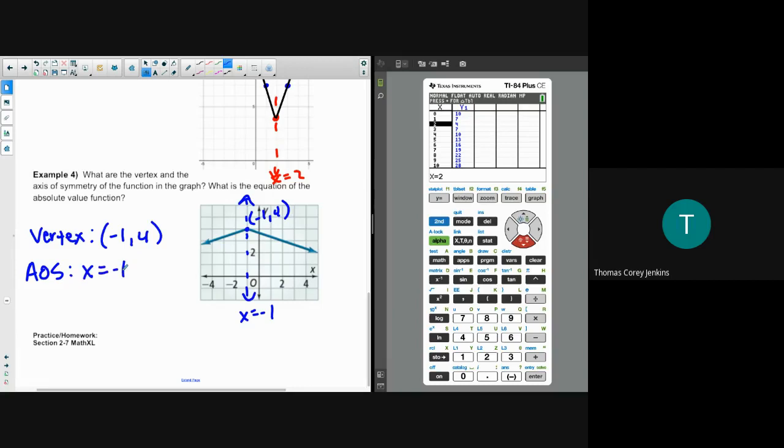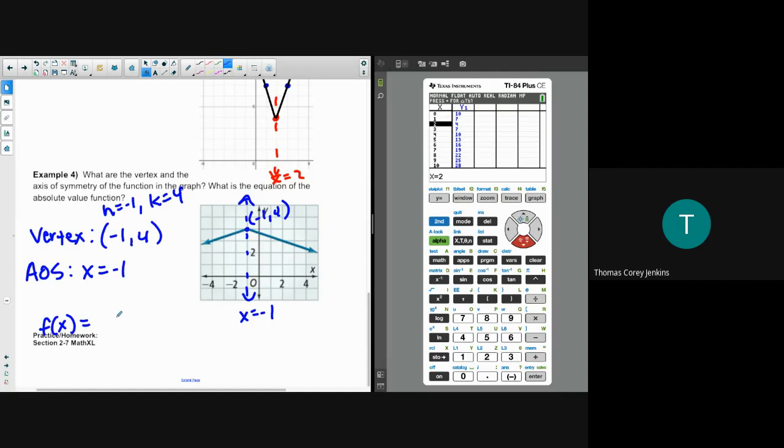And then what is the equation of our absolute value function? So that's where it gets just a little bit tougher. But let's just think about the vertex. So we know h equals negative 1, k equals 4. All right, so that's a start. Let me let that pop up real quick.